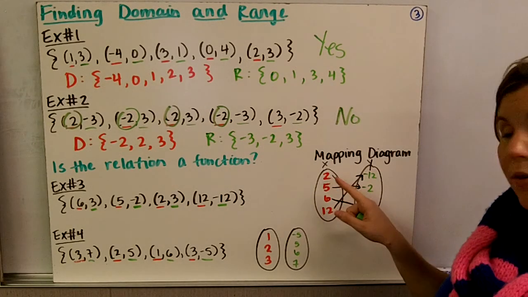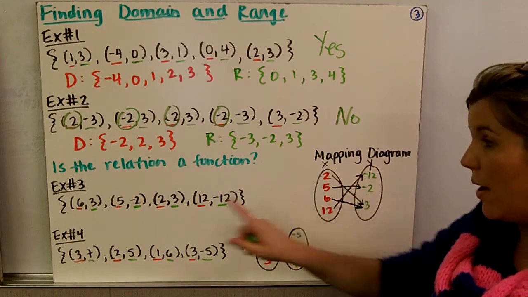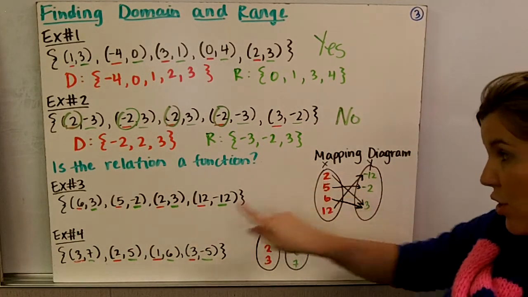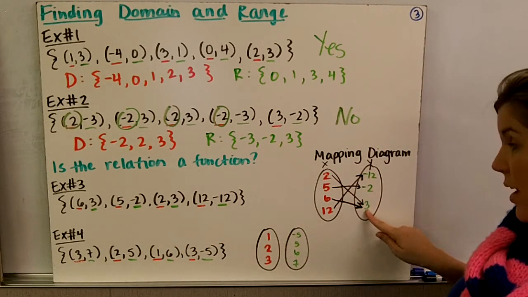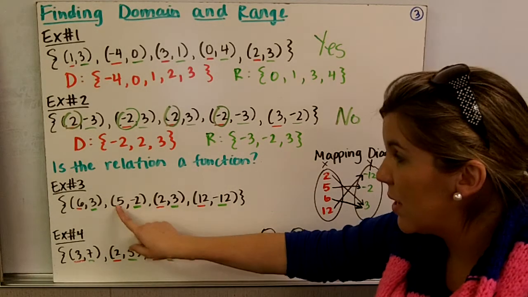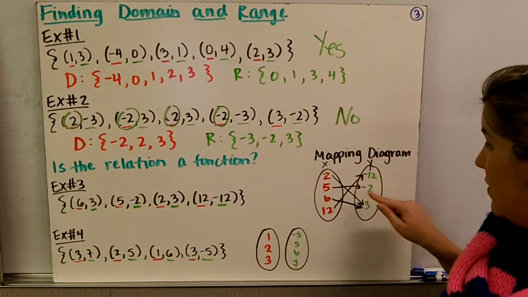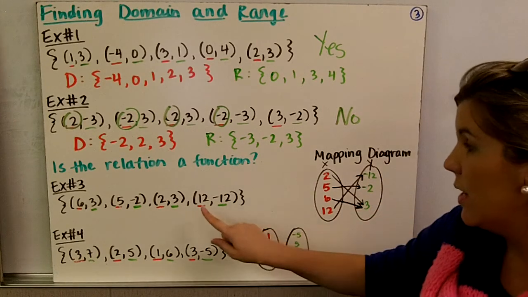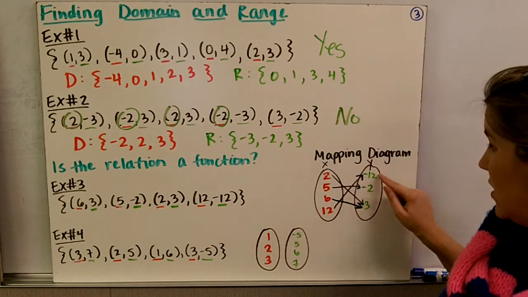You draw an arrow from the x to the y. So here, from the x that is 2, draw an arrow to the y, that's 3. And you repeat this process: 5 to negative 2, 6 to 3, and 12 to negative 12.